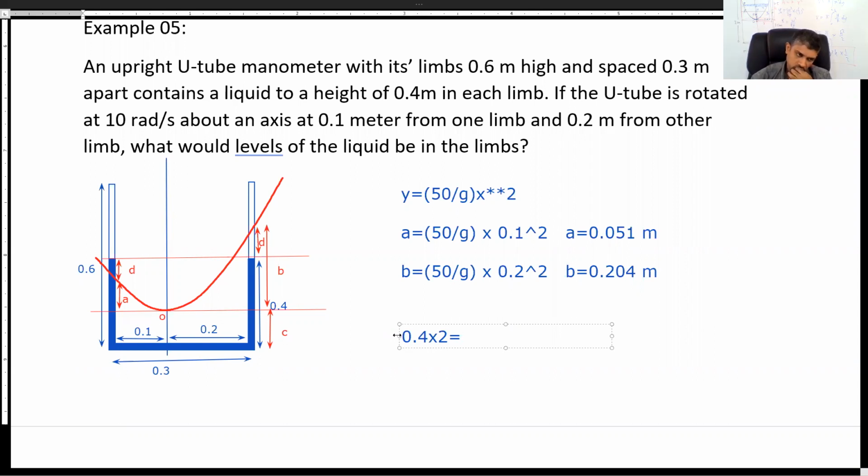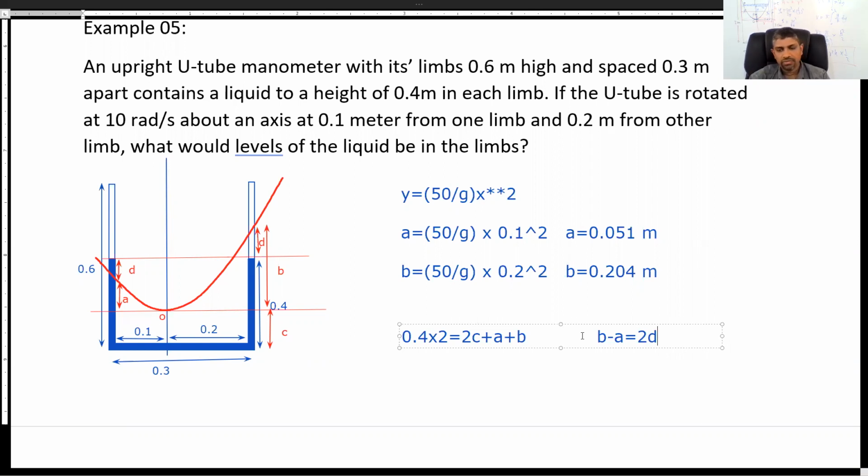That one is equal to 2C plus A plus B. And the other thing is that B minus A is equal to 2D.